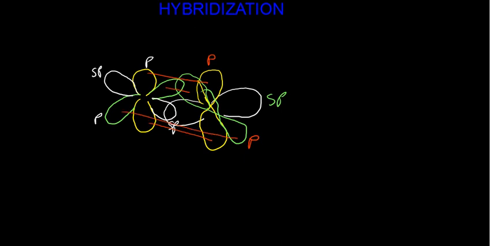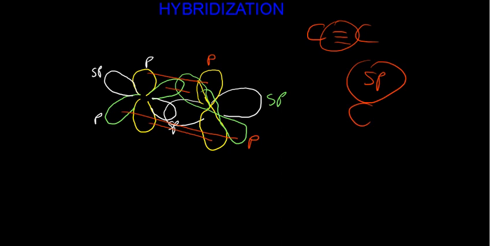Because of such overlapping, a triple bond is going to be formed. So this is the bond which results because of the overlapping, that triple bond. Okay, and that is why with sp hybridization, you are going to even find a triple bond such as in this compound. So that was about hybridization.